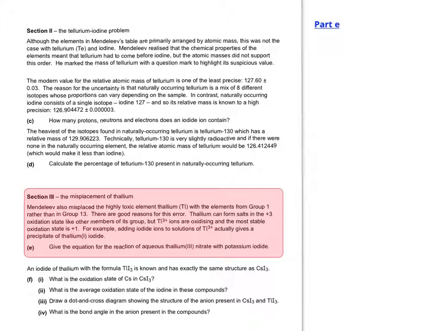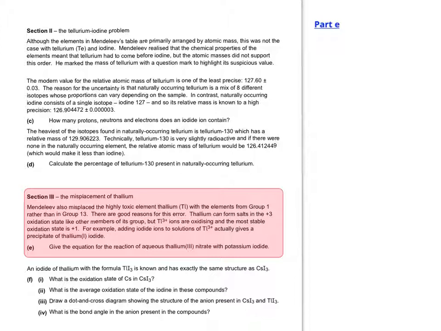So for part E, now into the third section talking about thallium, it gives you a bit of information about where Mendeleev originally placed thallium. Now thallium is very poisonous, it's next to lead in the periodic table. I'm just checking. Yeah, it is to the left of lead. So that means that it's going to have similar properties and therefore similar effects on the body.